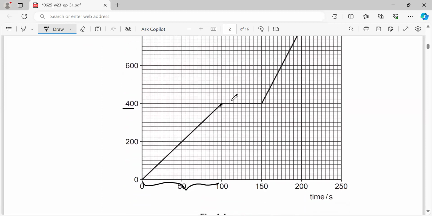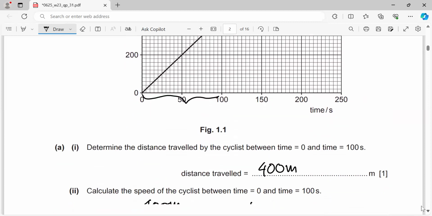So 0 to 100, it's steady. 100 to 150, it's stopped or at rest, while 150 to 250, it's steady again.